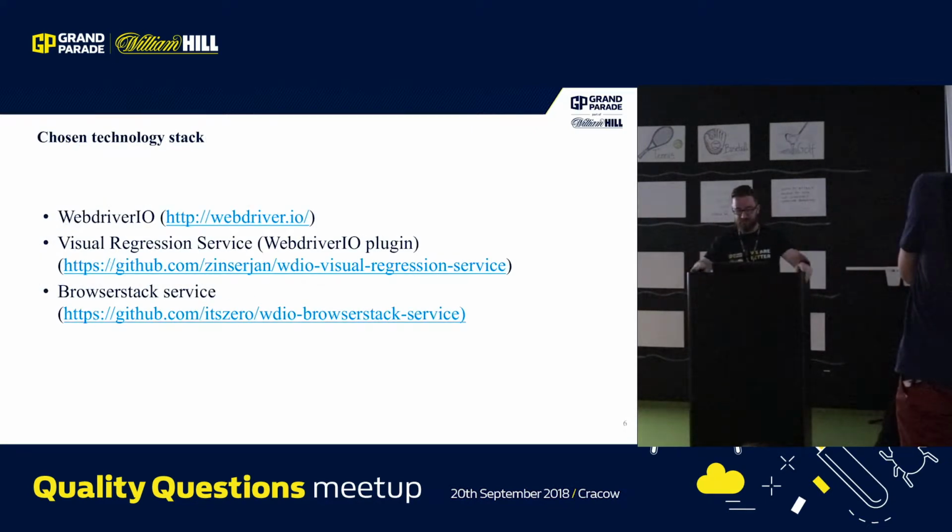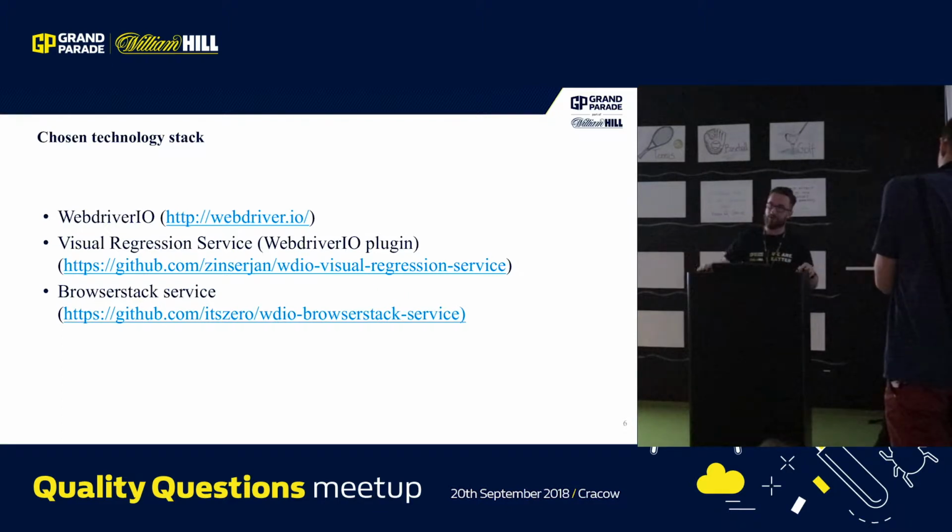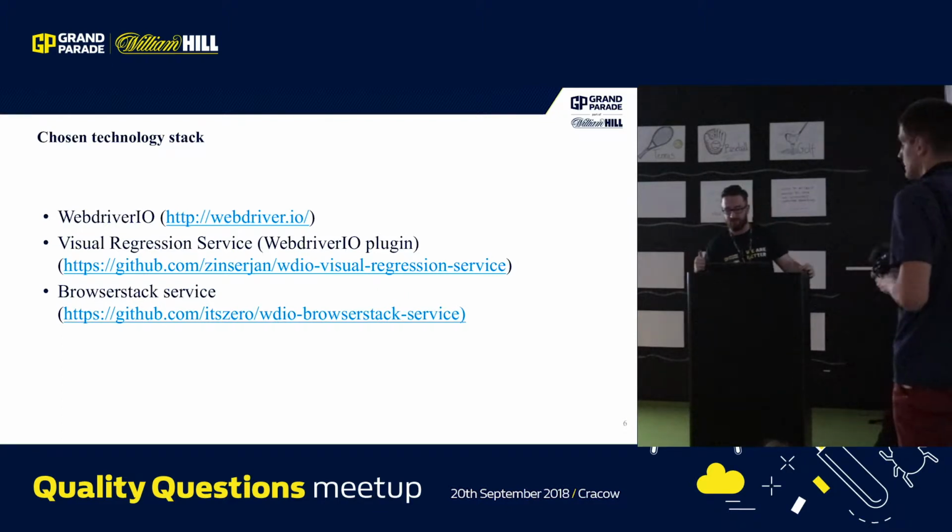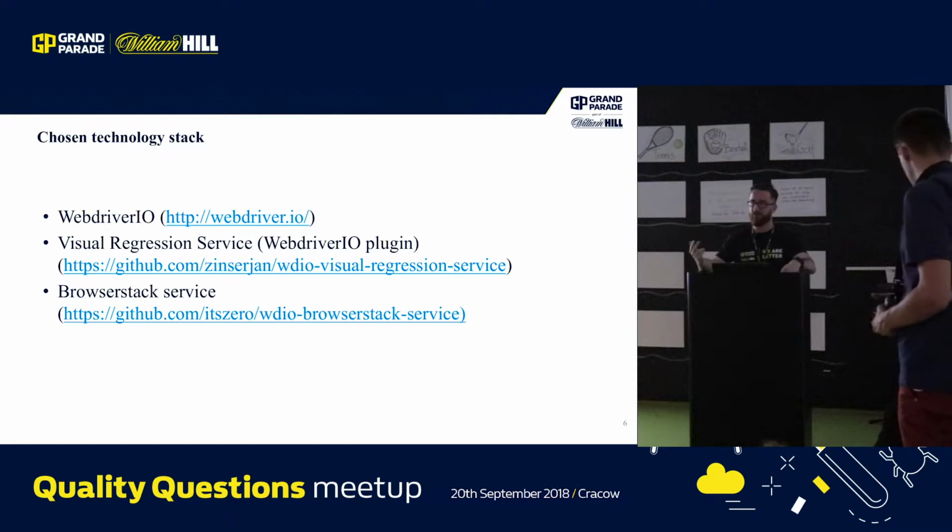This is the technology stack we will work on in this presentation. On the top of that there is WebdriverIO. This is the WebDriver binding for Node.js, for JavaScript. Personally, I really like it. It has a lot of extensions, a lot of plugins, and synchronous command handling. It is very handy if you switch from Java to JavaScript and don't understand asynchronous code properly.